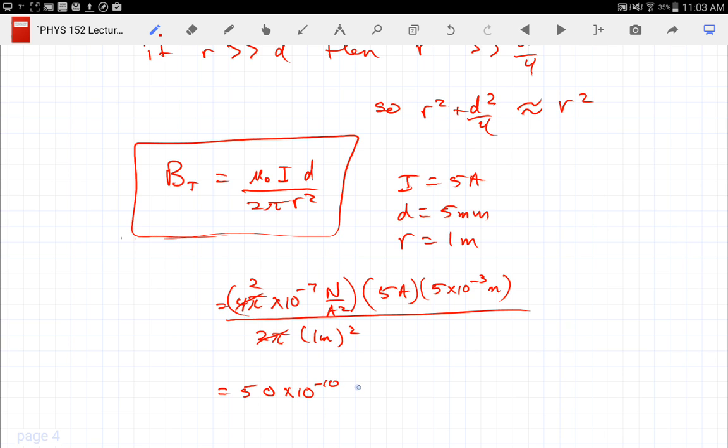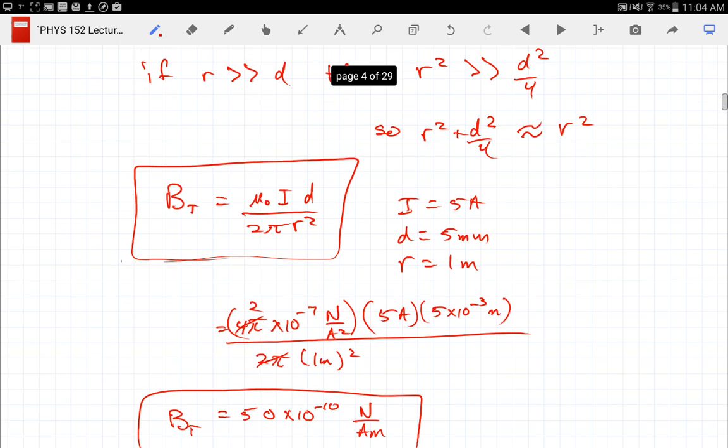And that would be units of... so the B total would be 50 times 10 to the minus 10 newtons per ampere meter, or 5 times 10 to the minus 9 newtons per ampere meter, assuming I didn't make any mistakes in my calculation.